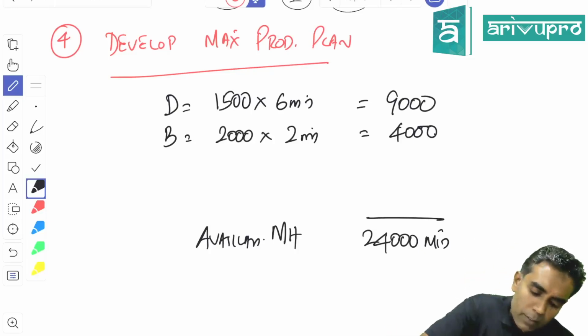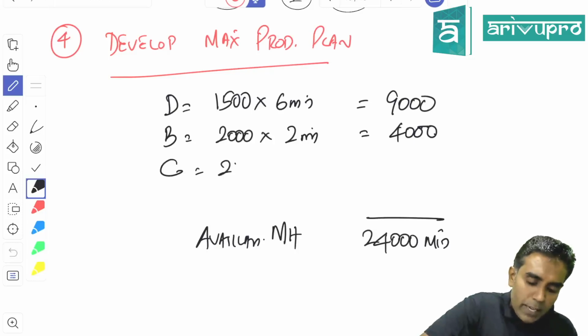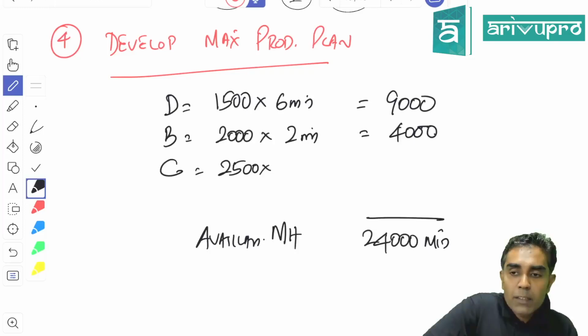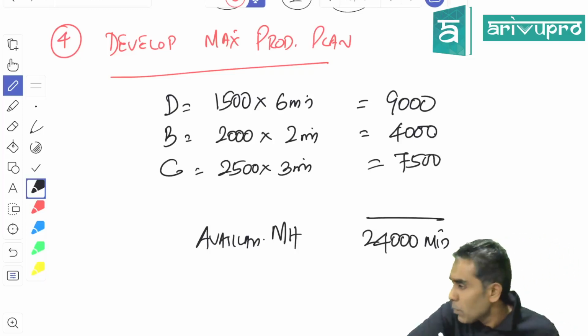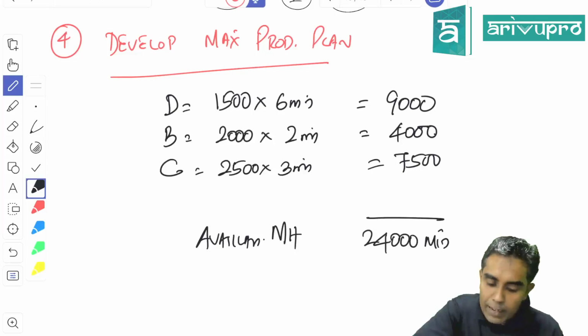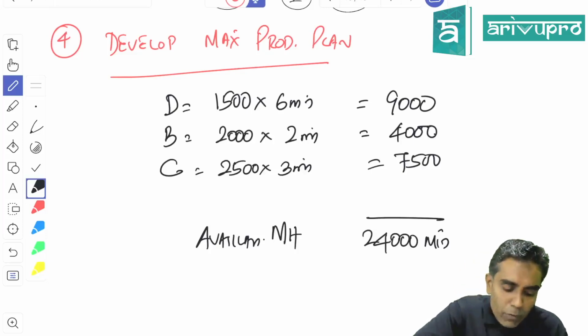So now, what is the market demand? 2,500 units. Each unit will require 3 minutes. Then 7,500 minutes. Out of 24,000 minutes, we have taken 9,000, 4,000 and 7,500 minutes respectively for D, B and C. What is the remaining resource now?